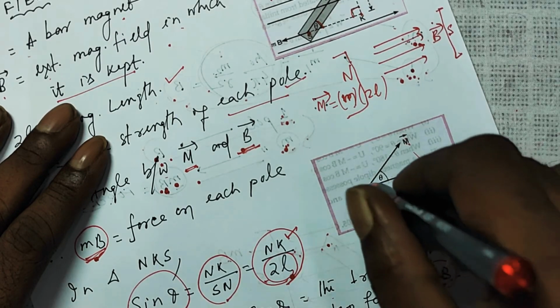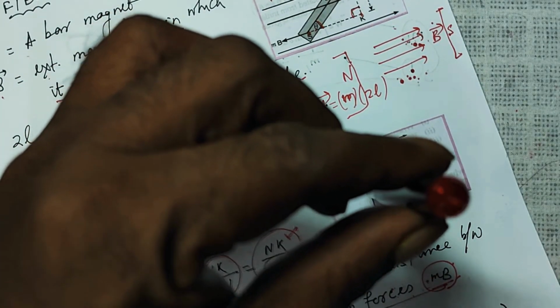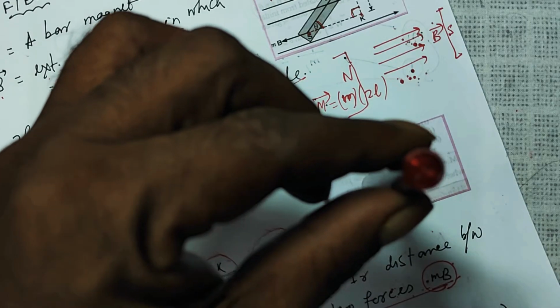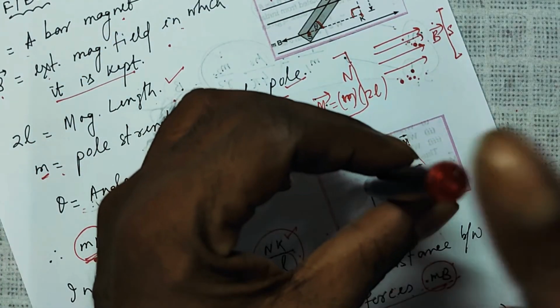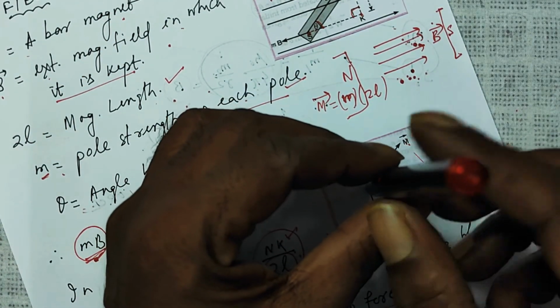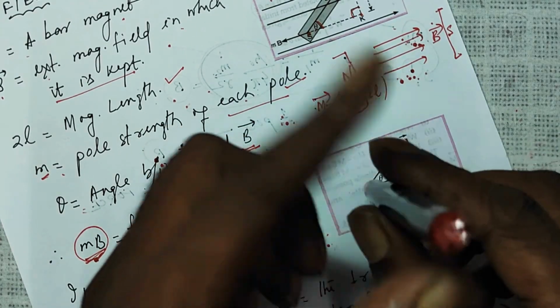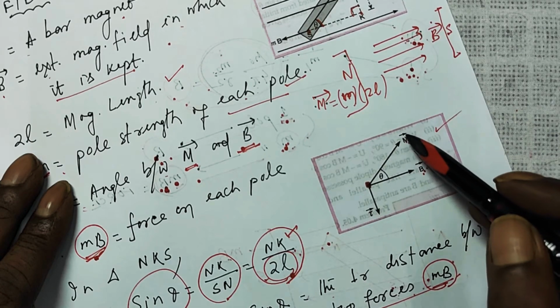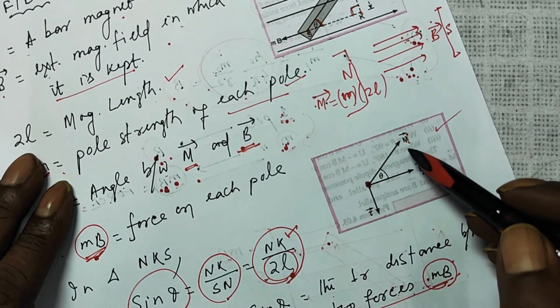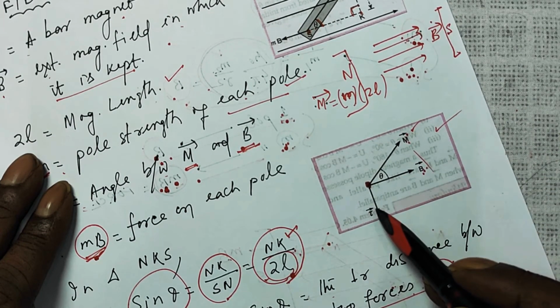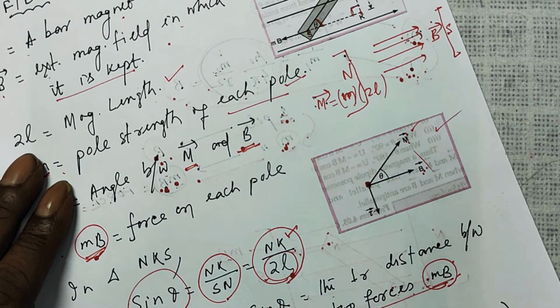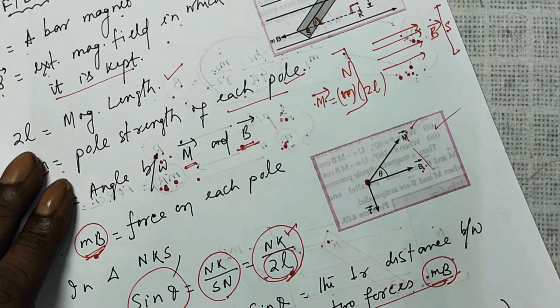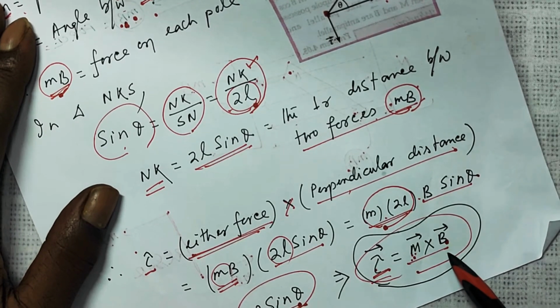At this point, keep a screw like this. We have to find the direction of M cross B, so you rotate this screw clockwise. If you rotate this screw clockwise, the screw will go in. So if M is to this side and B is to this side, then the torque is into the plane of the paper. You have to remember it is M cross B, not B cross M.